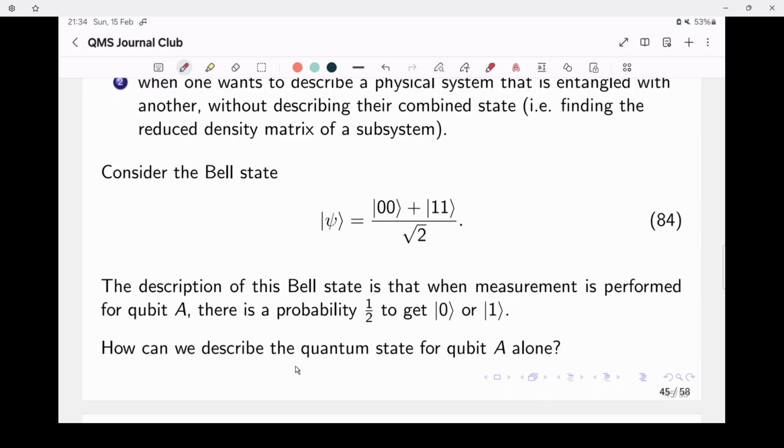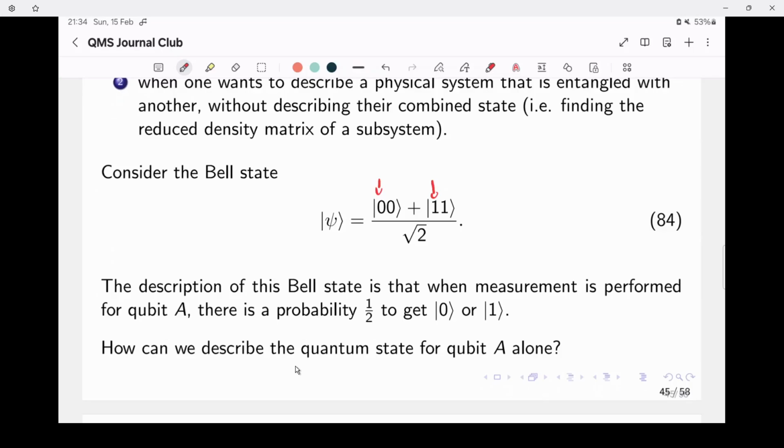So if, let's say, you have a Bell state, with equation 84, for example, then this particular description, especially for the first qubit, tells you that when you measure from the computational basis or the Pauli Z basis, you have a probability of half to get either 0 or 1.